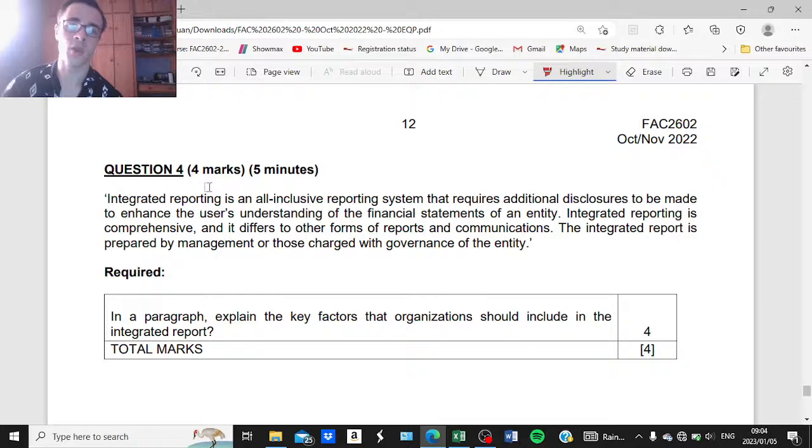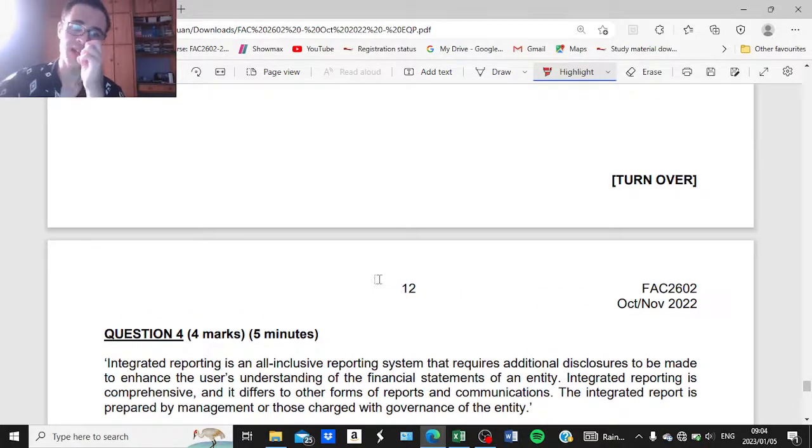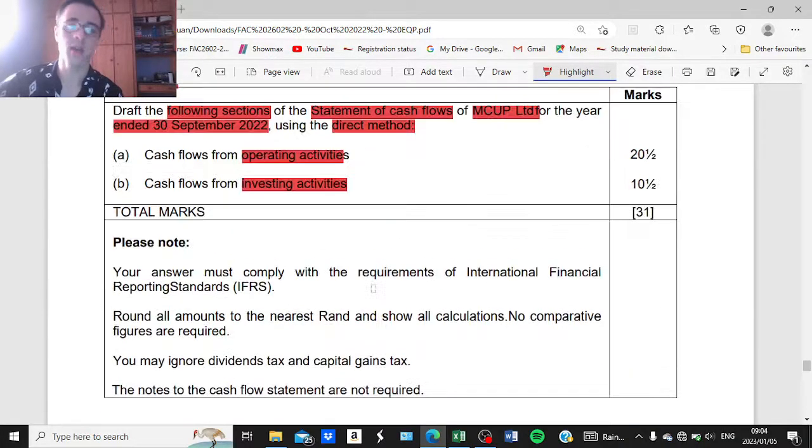I suggest that you rather focus on the pro forma consolidation journal entries as well as the group financial statements, because those will contribute the most marks, as well as the statement of cash flows that we are covering today. Now, today's question will use the direct method for this statement of cash flows.